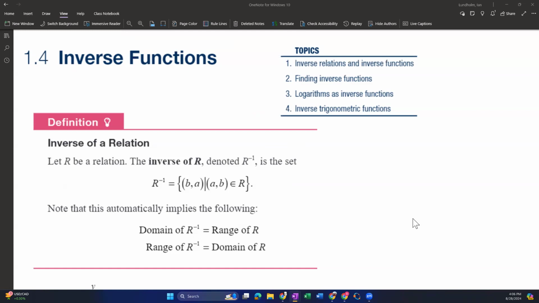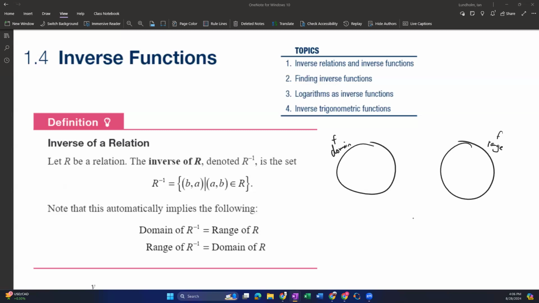So if we drew a set diagram, it would kind of look like this. Here's a domain with a bunch of x values in it. Here's a range, and I guess this will be the domain of f, and the range of f over here.